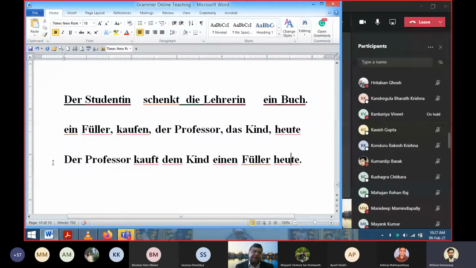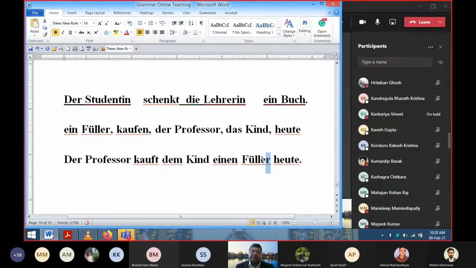Sir, Füller is the main object, right? It's not a question of main object. As I have explained, there are two objects, direct object and indirect object. Here Füller is the direct object, and Kind is the indirect object.